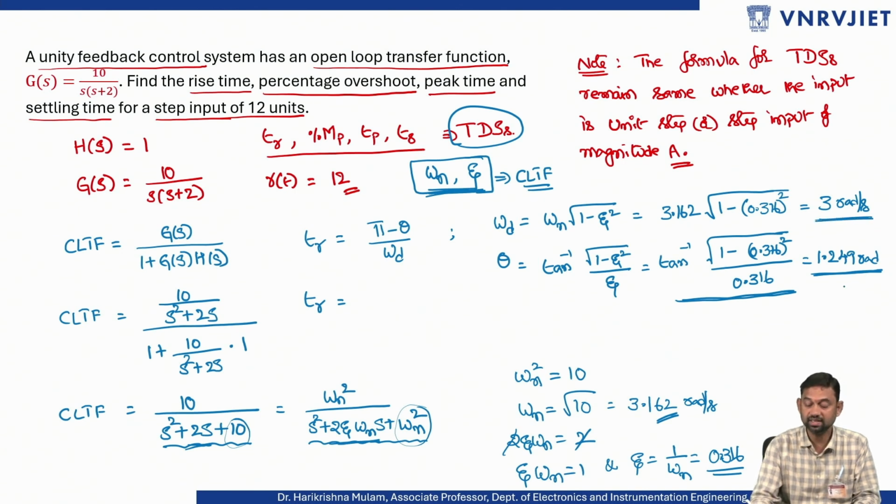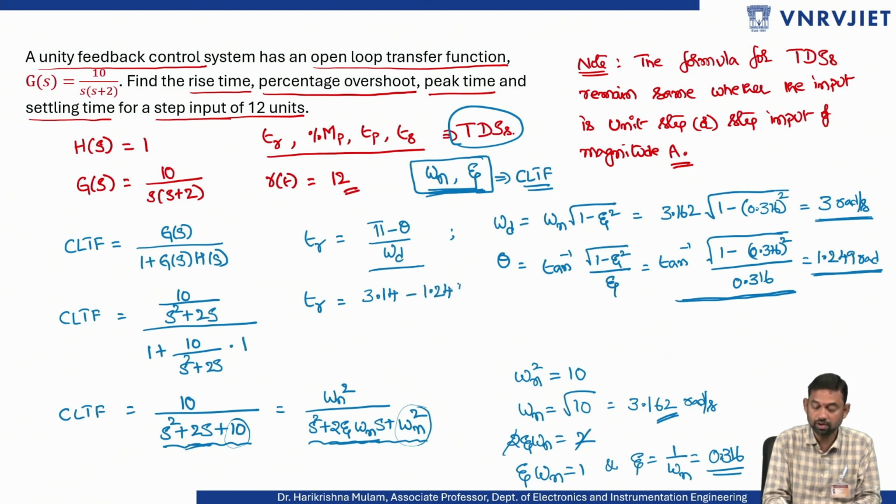Then rise time is equal to, once you get the values about damped frequency of the system, which is 3 radians per second, and theta value, which is 1.249 radians, you can find the rise time by using this formula, pi minus theta by omega d. Pi value is 3.14 roughly, minus theta value is 1.249 divided by omega d value is 3 radians per second.